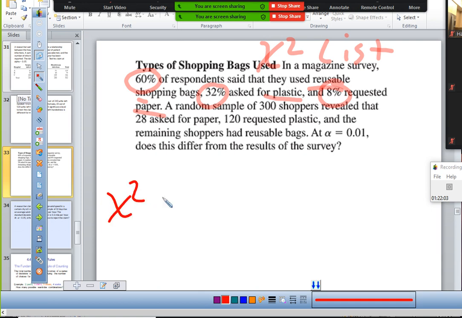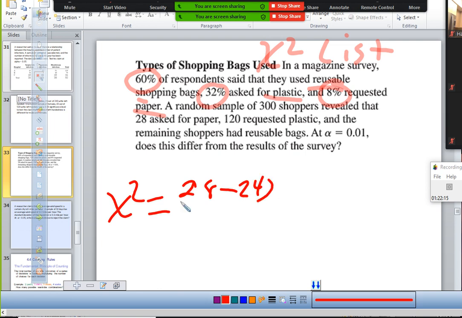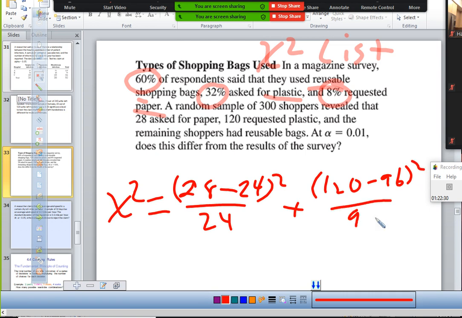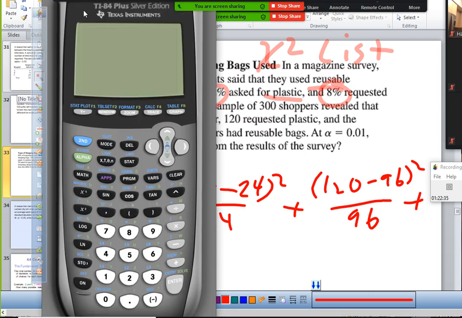Chi-squared equals 28 paper minus whatever I expect to get, 8 minus 24 squared divided by 24, plus whatever the next one is, 120 minus plastic, 32, 96 squared divided by 96. You still have to write that out for me, but then you totally could go to your GOF test, and I'll show you how to do that if you want right now.